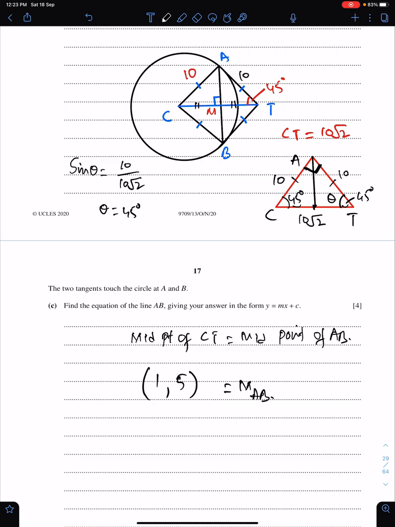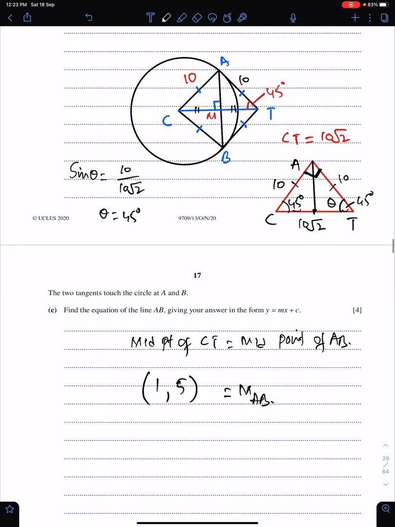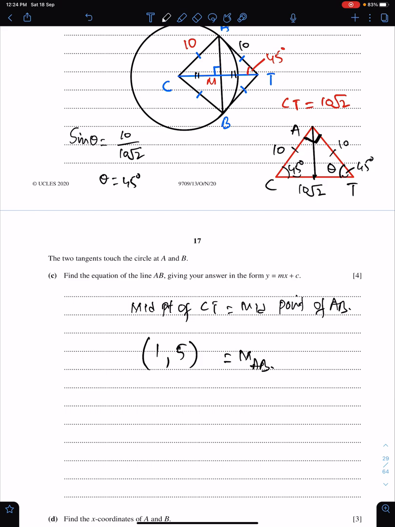Now we need the equation of AB. For that, we just need to find gradient of CM, because this is 90. Center to chord is always 90, because this is the perpendicular bisector. So first get gradient of CM, and then you can easily get the equation of this line.